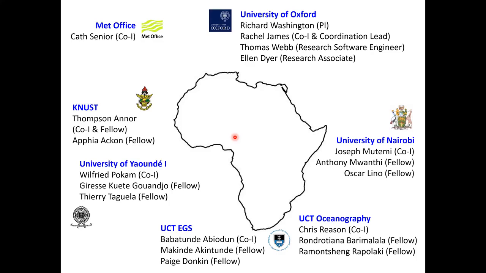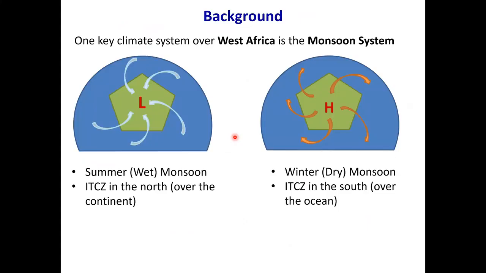In that regard, in West Africa, we know that one of the key synoptic scale systems that we have is the monsoon system, that is the West African monsoon system. So I decided that I will look at components of the monsoon system and then use it for the evaluation tool. So that is what I'm coming to present on.